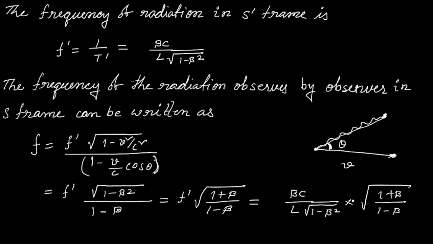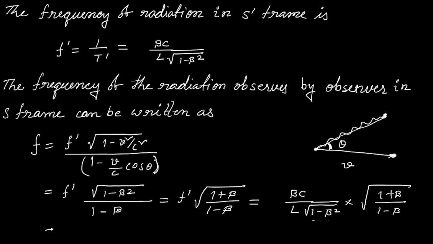And then if you simplify these things, because here you can see this term is under root of 1 minus beta square, if you factorize this term, we'll get under root of 1 plus beta and 1 minus beta. So 1 plus beta is going to cancel out from denominator and numerator.